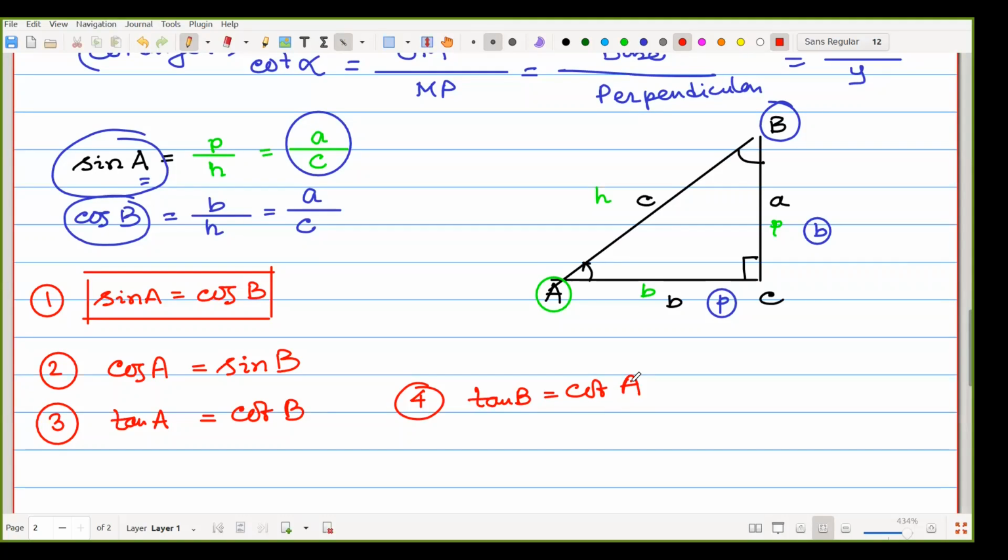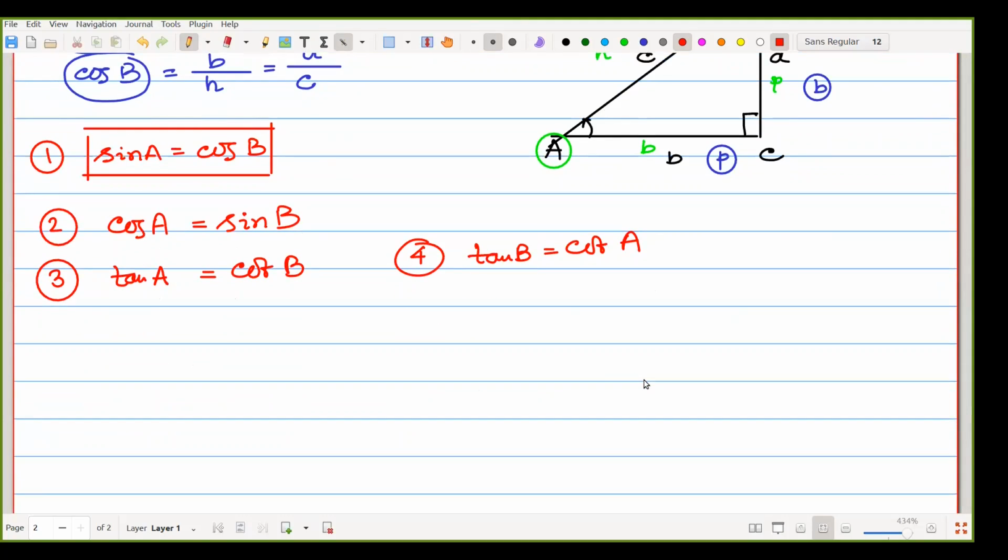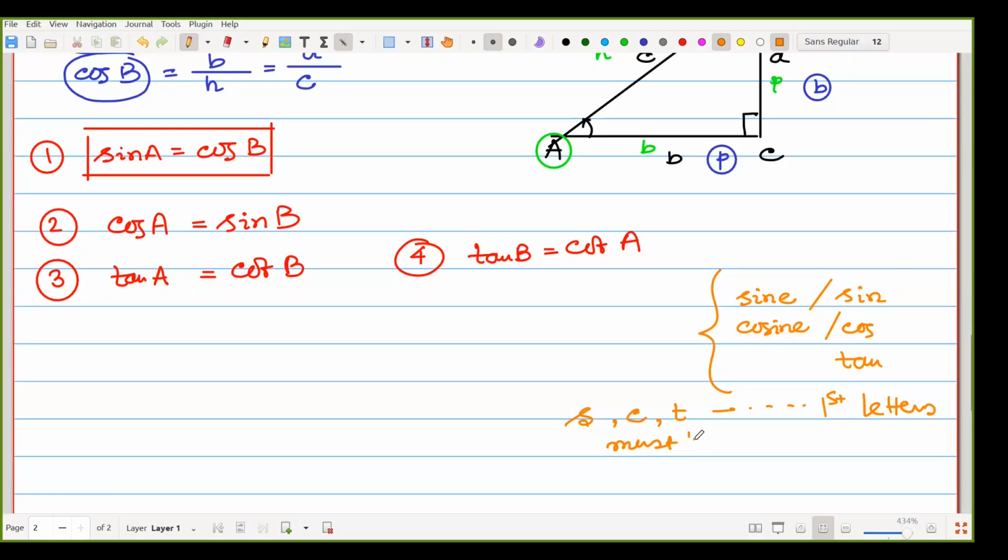Next, you have to remember one thing always, that whatever we are writing here, like sine, cosine, or simply sin, cos, or tan, always that s, that c, that t, the first letters must be small.